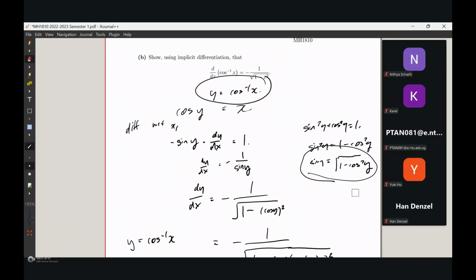Yes, but they didn't choose the negative one because y is from 0 to pi. Okay, I see what you mean. Yes, you will take y to be inside 0 to pi. Okay. Thanks.